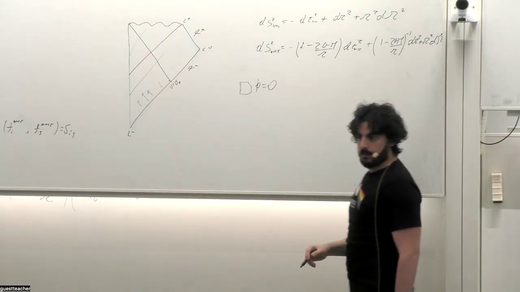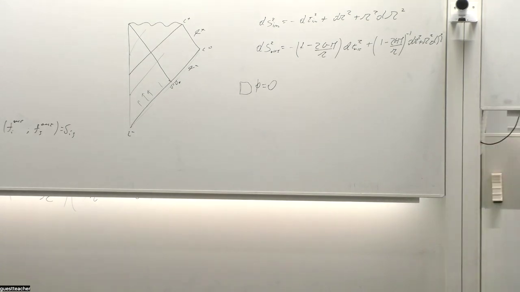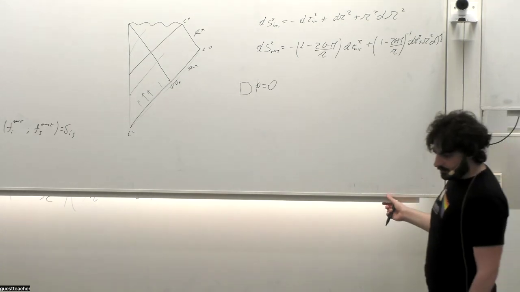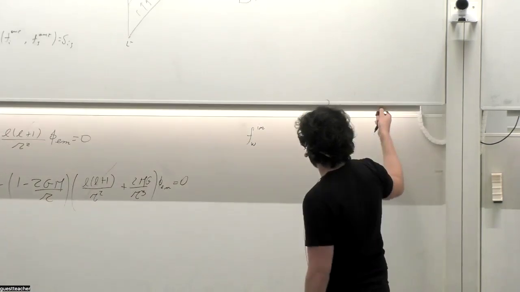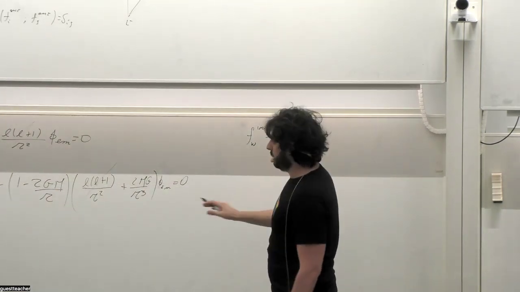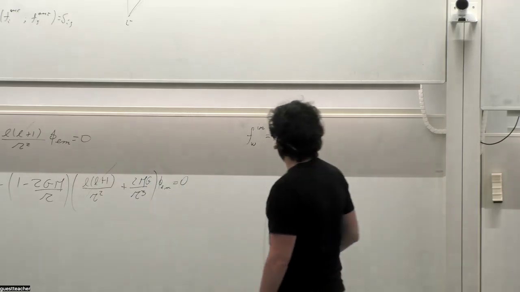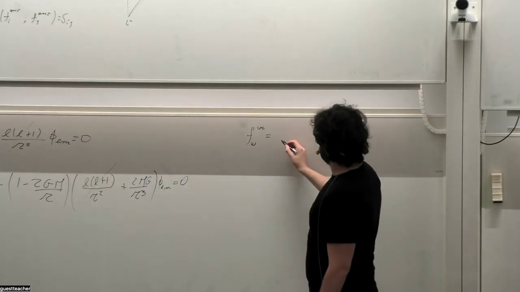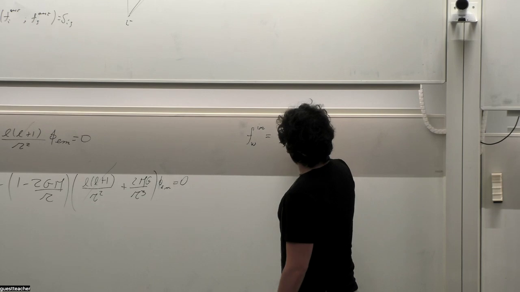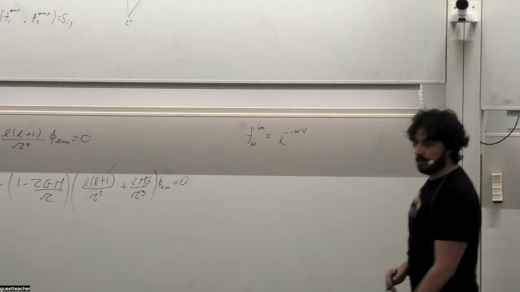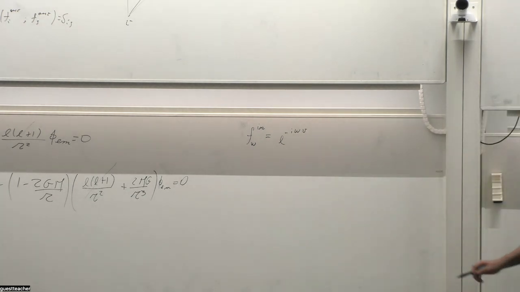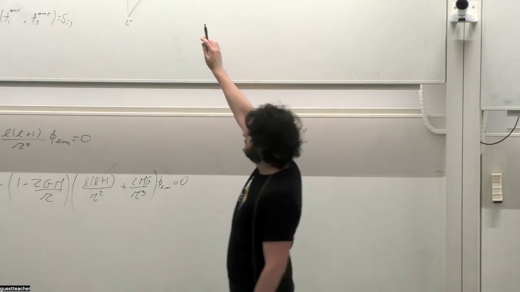So a base of modes in this region is just equal to e to the minus i omega v, where v is the coordinate on Scri minus.